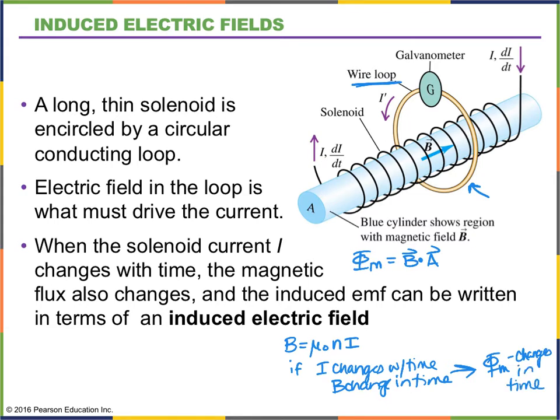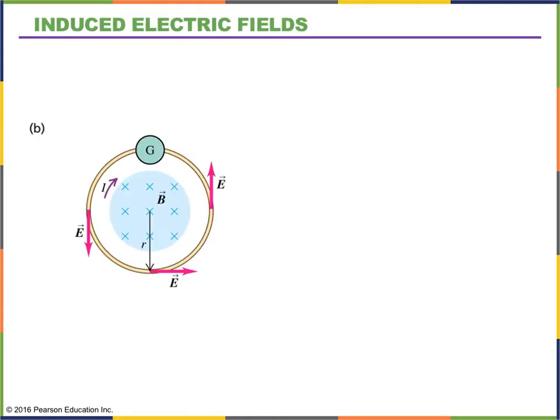So what would result is that an induced current will flow in that wire loop, and right here you see that current indicated. All right, so let's look at the picture from another point of view. This is looking at the solenoid from the end.